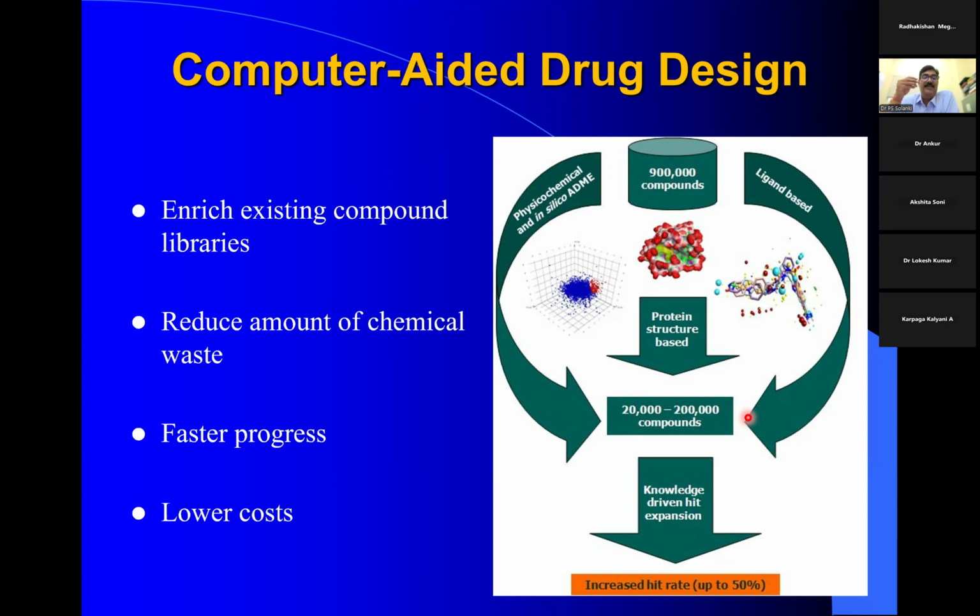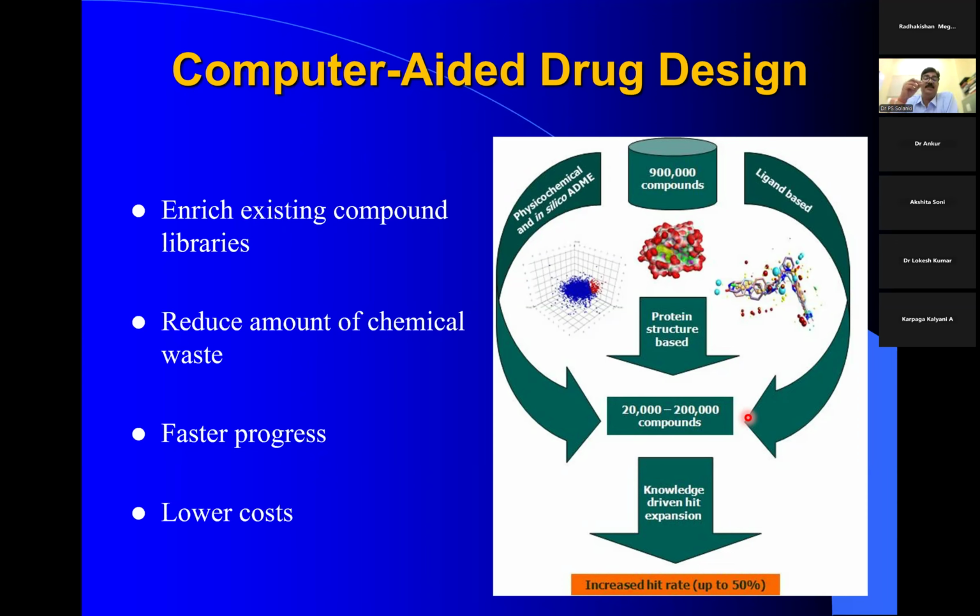Generally it takes 15 to 20 years for a drug to come to market, but after the implementation of bioinformatics in the pharmaceutical industry, it takes 5 to 8 years for a molecule to come to market.